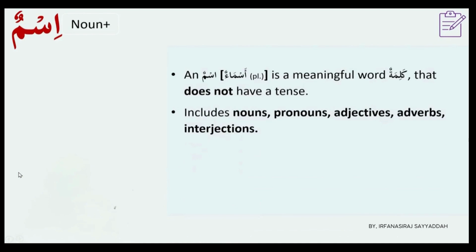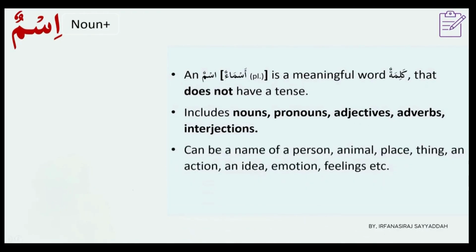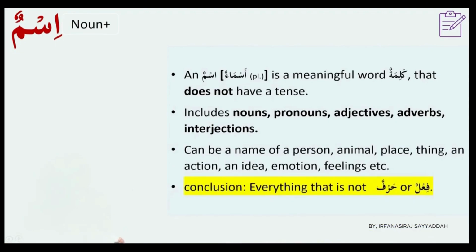And it can include, as far as English comparison is concerned, nouns, pronouns, adjectives, adverbs, interjections, etc. It can be the name of a person, place, thing, an idea, action, emotion, feelings. In short, it is any word in Arabic that does not fall into the category of fi'lun or harfun. So any word that does not fall into those 2 categories is an ismun.